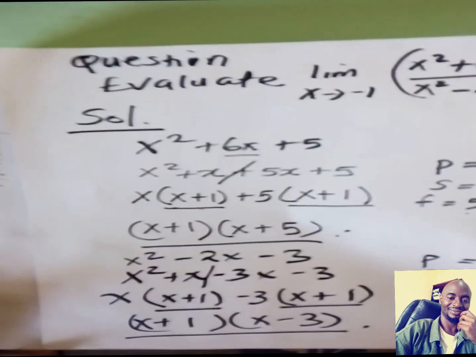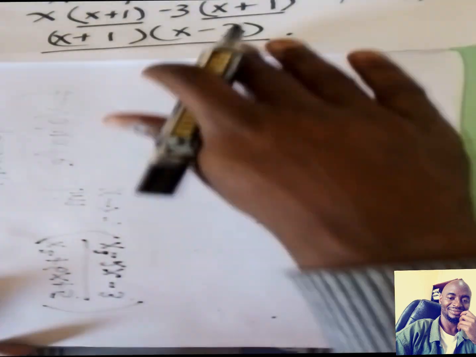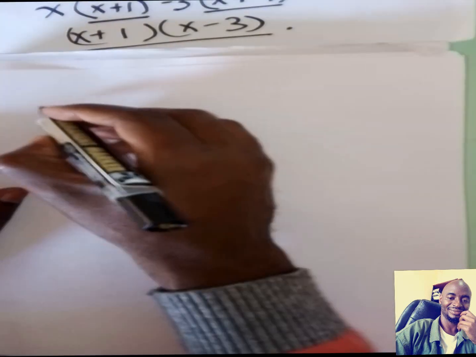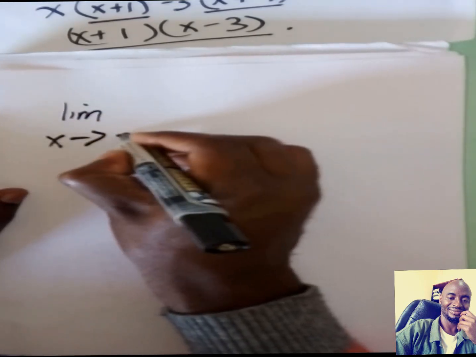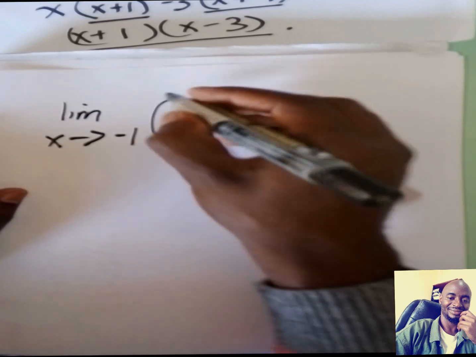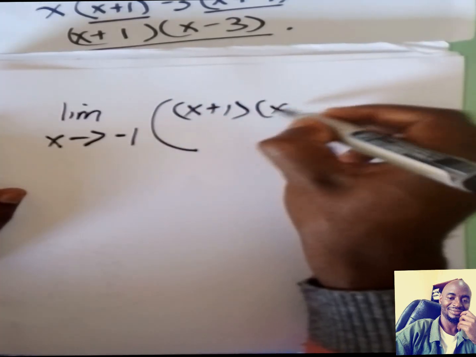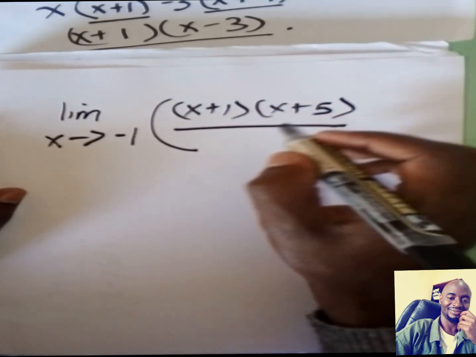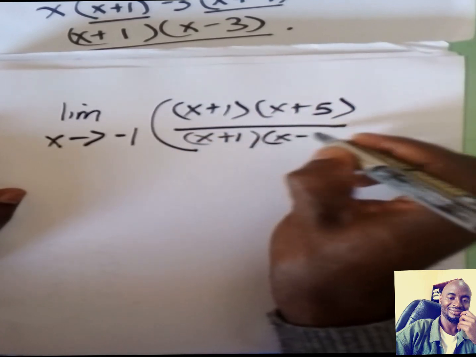So this will become the limit as x goes to -1 of x plus 1, x plus 5, over x plus 1, x minus 3. Factorizing the numerator gave us this, and for the denominator we had x plus 1, x minus 3.